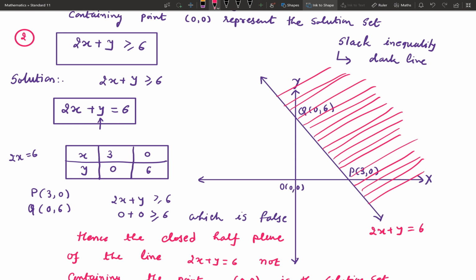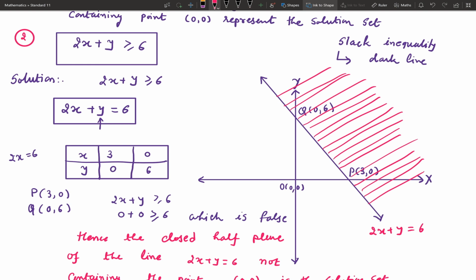So again, step 1: first, remove the inequality and take equality. You have to remember, if your inequality is a strict inequality, then there will be a dotted line, and if slack inequality, then there will be a dark line. Here we have a slack inequality, so it is a dark line, 2x plus y equal to 6. Take two distinct points of the line.